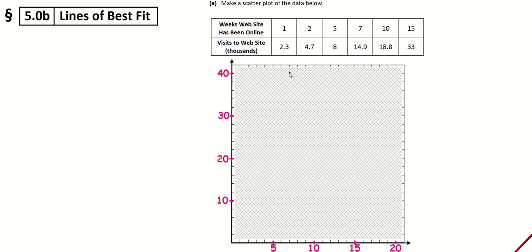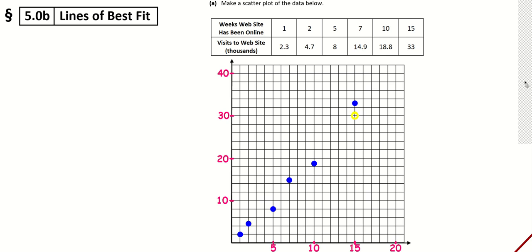So I guess the first part is just to do your best to plot these points. The first point is 1, 2.3, and then the next point is going to be 2, 4.7, and so you just have to do your best to plot all those blue dots. You can pause the video, and you probably should do this on your own.